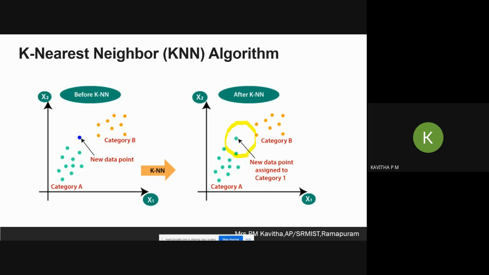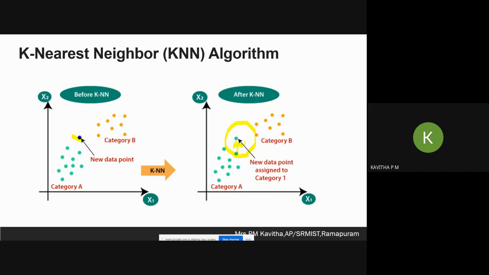If we construct a circle, this is the closest point to the blue dot, so the blue dot is converted to category A. We have two categories, A and B, and based on the most nearest neighbor, the new point is converted.